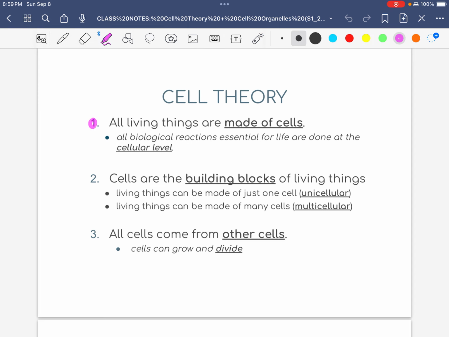The first part is that all living things are made of cells. This is because all of the biological reactions that we need for living things are done inside of the cell. It creates like a little reaction chamber. So the cell is kind of like a tiny reaction chamber.